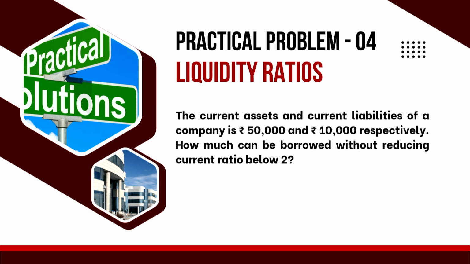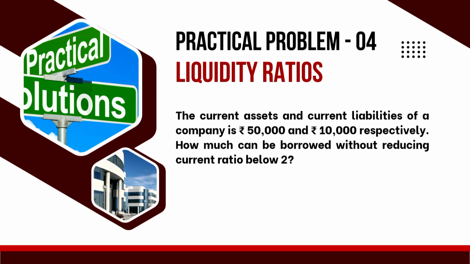Moving to practical problem 4 of the liquidity ratios, the current assets and the current liabilities of a company are 50,000 and 20,000 respectively. How much can be borrowed without reducing the current ratio below 2? This question is for decision making purpose.